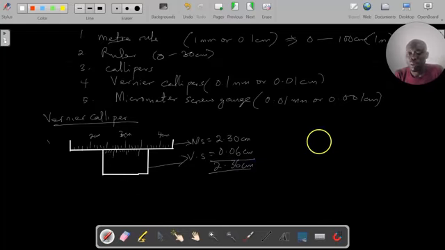Then very quickly, you can also talk about micrometer. So suppose we also have a micrometer scale gauge like this.